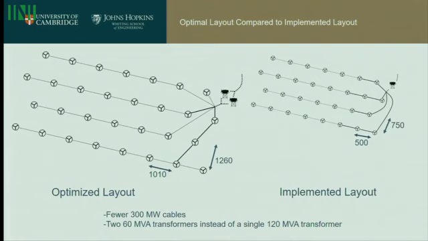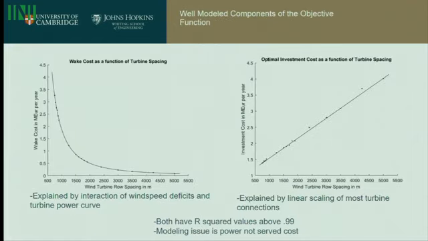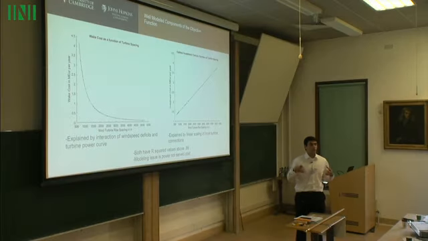And you might ask, how are we able to do this if we're only considering finitely many instances of the specific layout? And the way that we were able to do it is we abstracted and we understood what we expected different components of the objective function to look like. So for instance, we expected that the investment cost of the layout would be very well fit by a linear model.